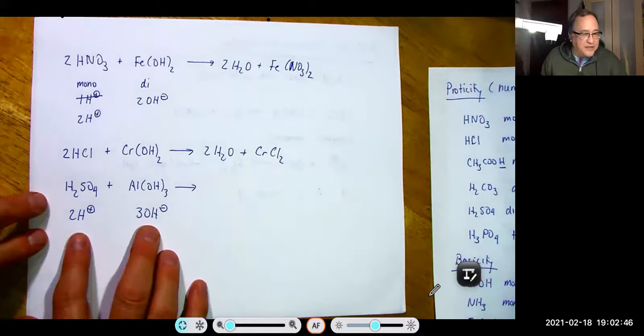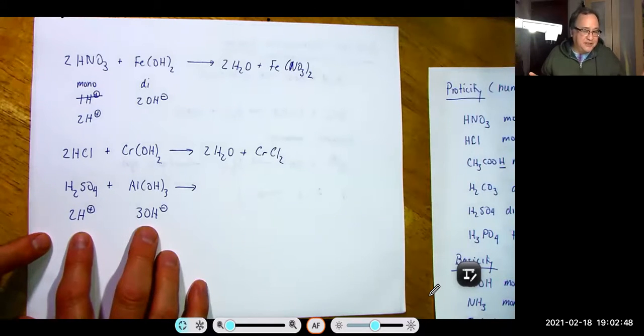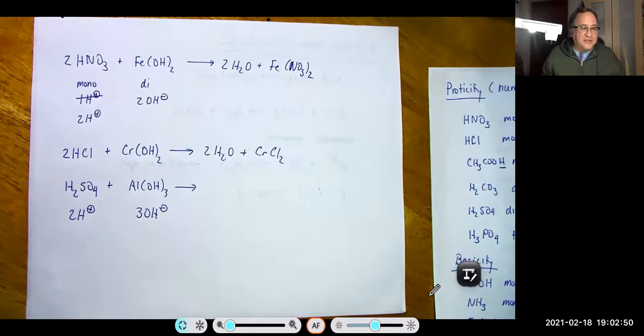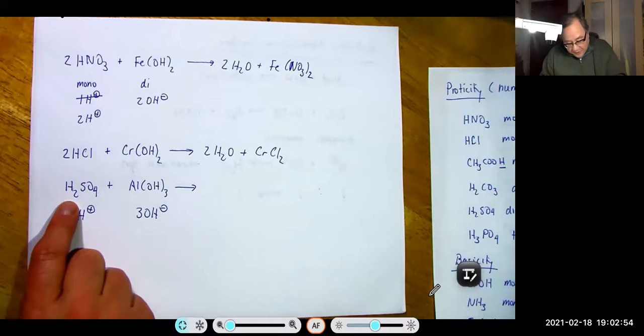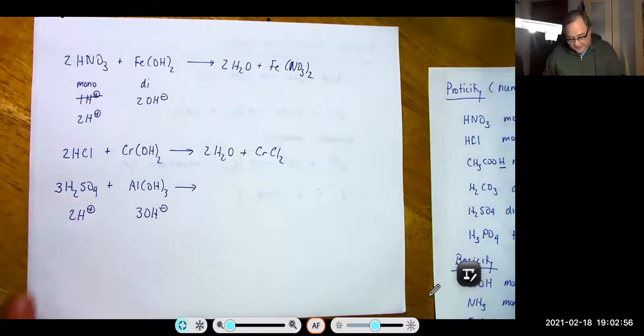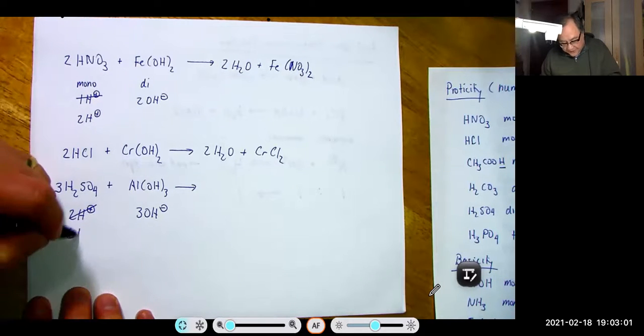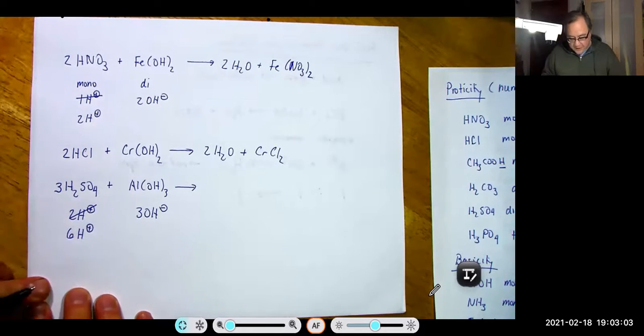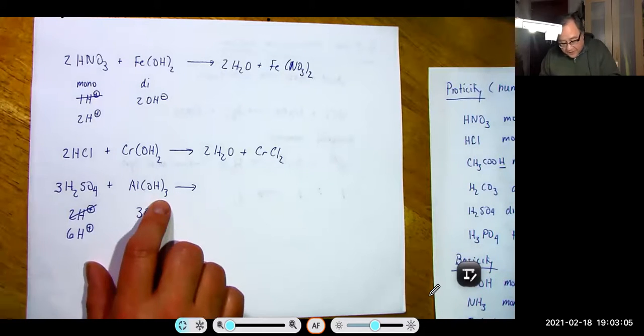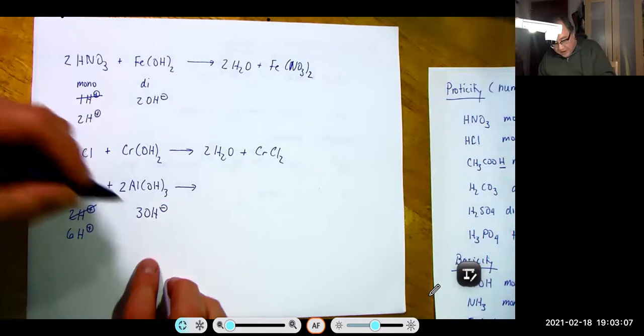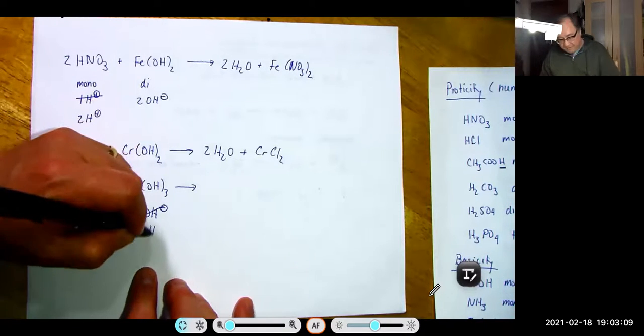What common thing do these factor into? 6, right? I want 6 protons. Here I get them 2 at a time, so I'm going to put a 3 there. And now 3 times 2, I have 6 protons. To get 6 over here, I'm going to have to put a 2. So now I've got 6 hydroxides.